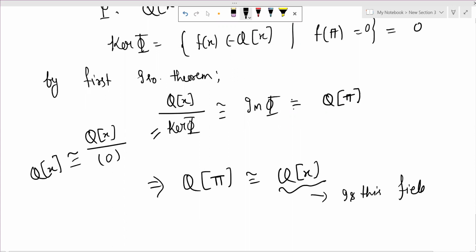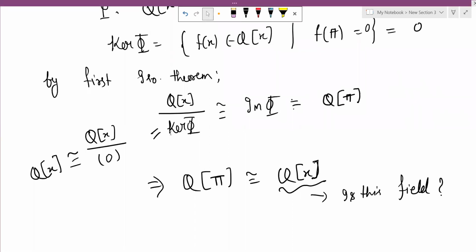Tell me, Muthukumar, is this a field? Polynomial ring in one variable over Q. It is easy, you should just say yes or no. Is this a field or not?